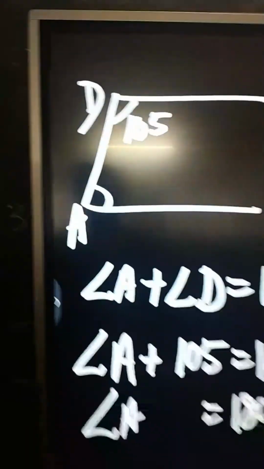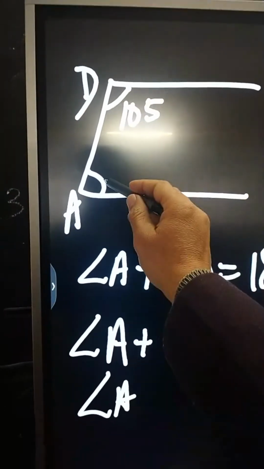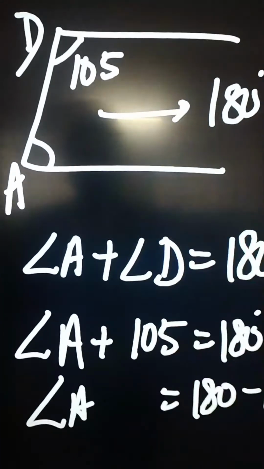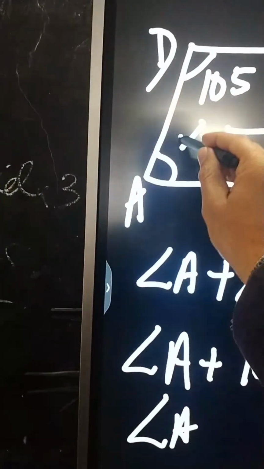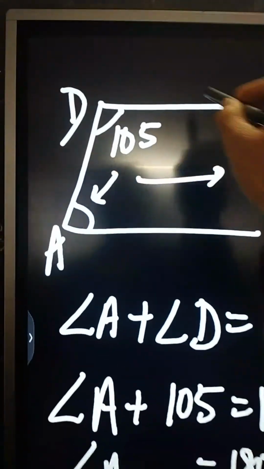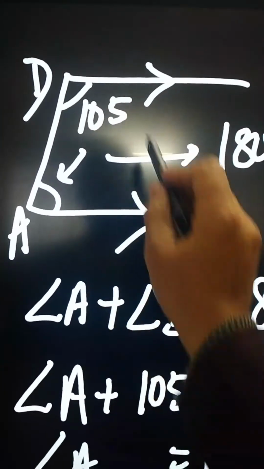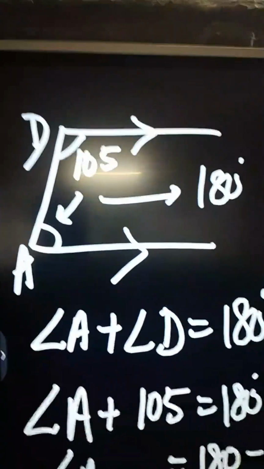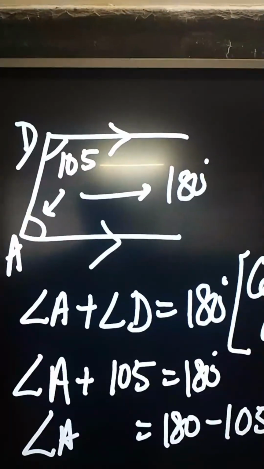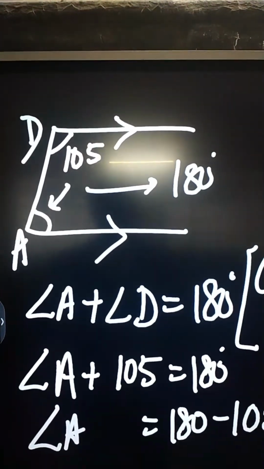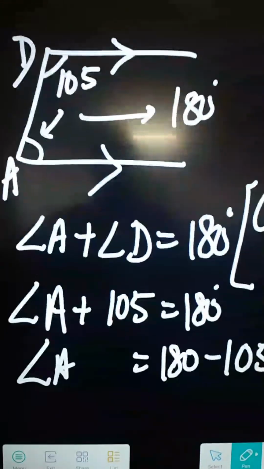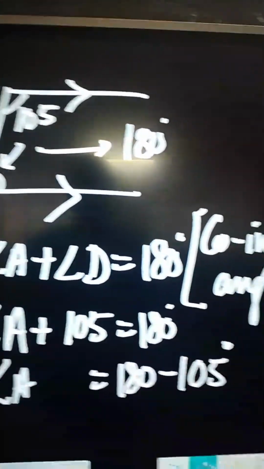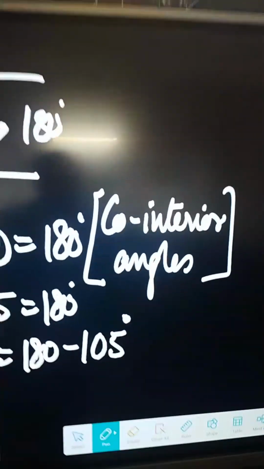This is important. Co-interior angles are made when there are two lines parallel. Whenever two lines are parallel, the angles made are co-interior. So angle A and angle D are co-interior. Their total will be 180. So you have to give the reason.